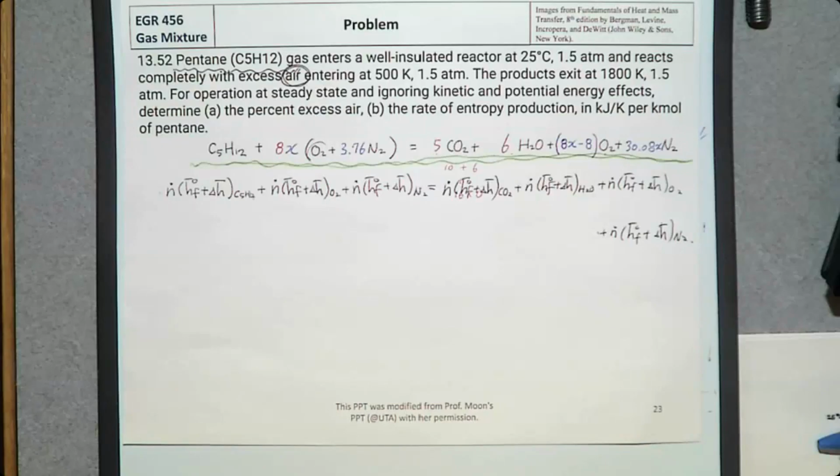So what is the condition? 1.5 atmospheric pressure. And what is the temperature? 1800 Kelvin. What is the phase of water at this extremely high temperature? Superheated vapor.